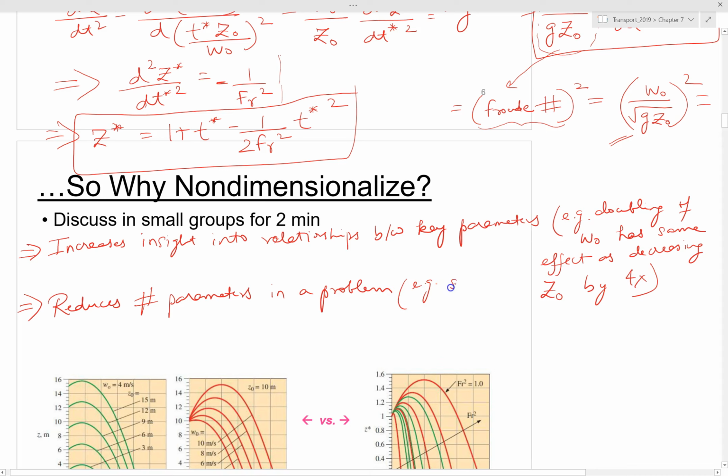Example, we started with two dimensional variables, Z and T, and three dimensional constants, G naught, W naught, Z naught.